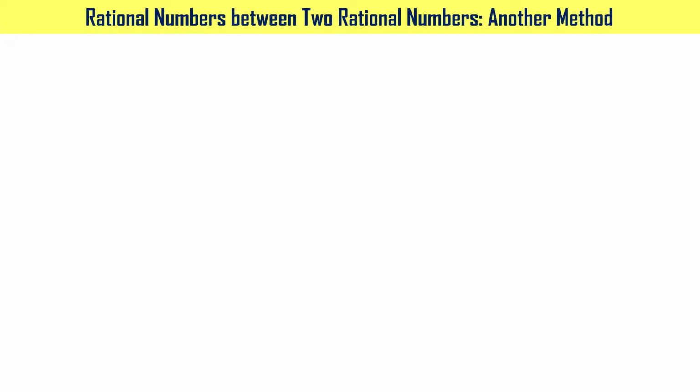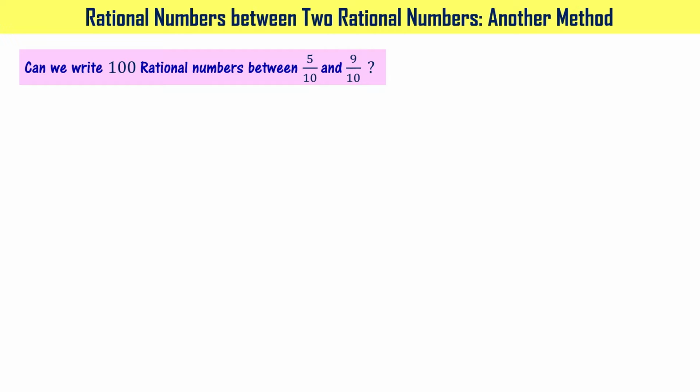Now let's take a look at another problem. Can we write 100 rational numbers between 5 by 10 and 9 by 10? The trick we have to play here is, we can say that 5 by 10 is equal to 500 by 1000. Because earlier, when we wrote numbers from 51 by 100 to 89 by 100, the total numbers we wrote were 39, right?